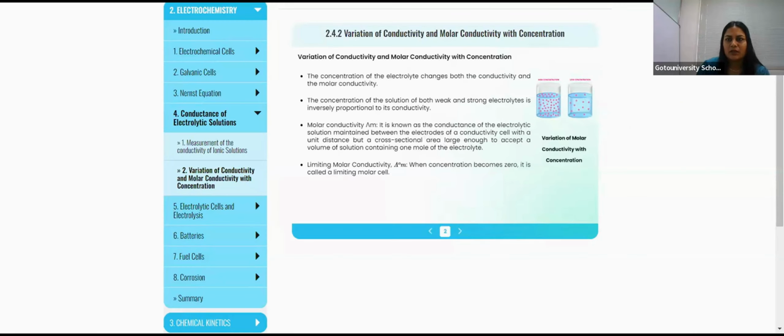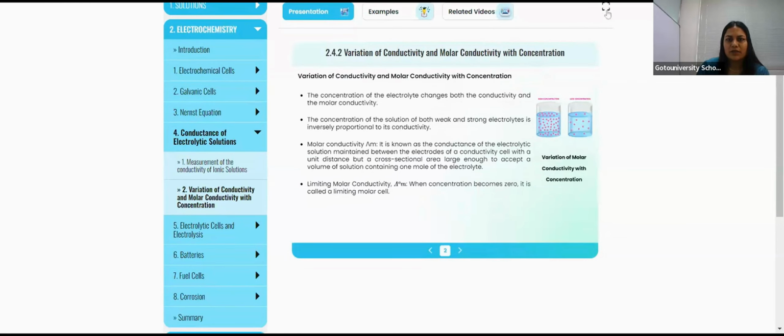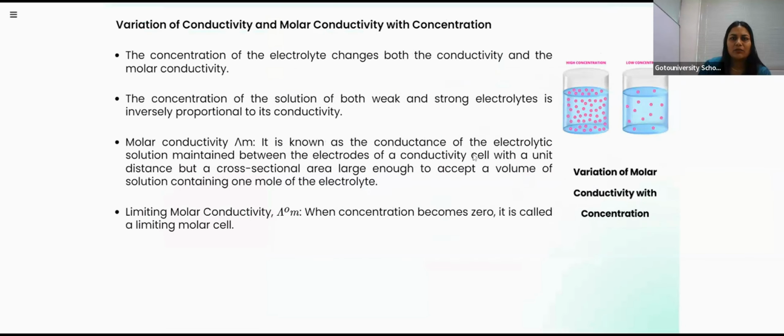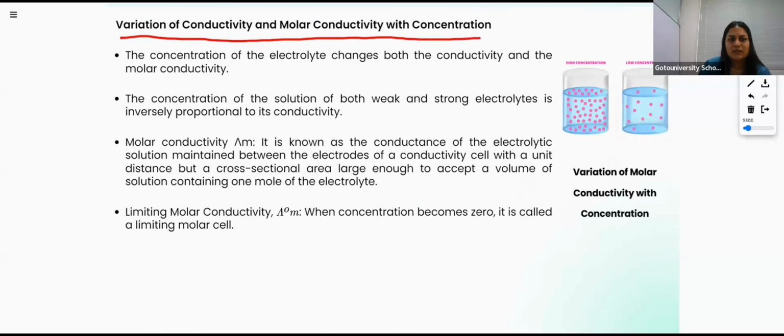Our next subtopic is variation of conductivity and molar conductivity with concentration. What that means is how the conductivity and molar conductivity vary. There is one more thing related to molar conductivity. When the concentration becomes 0, molar conductivity is what?